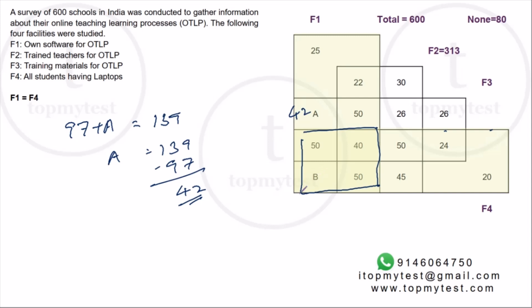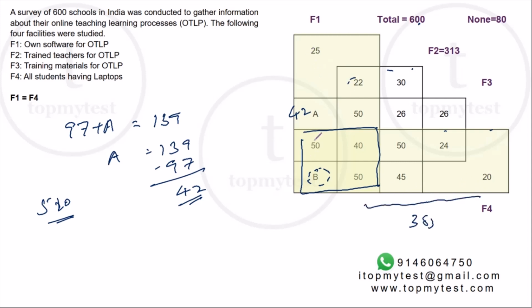Now to calculate the value of B, we will not be able to do it directly. So the entire total will be 600 minus 80, which is 520. 520 is this total, out of which this is the only missing value. This part is 313, we don't need to add this separately. 313 plus 50 is 363, plus 20 is 383.